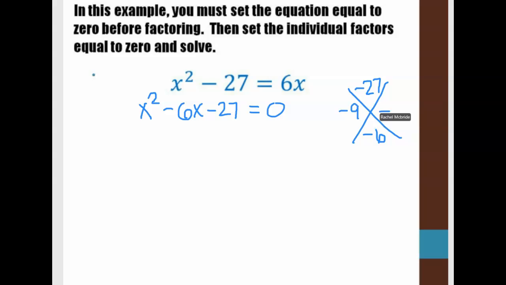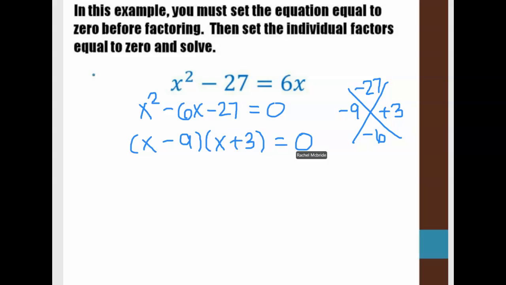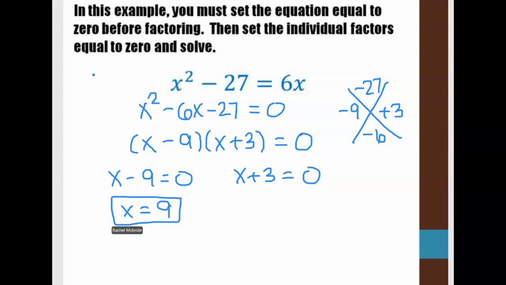That's negative 9 and positive 3. Since my a value is 1, those two numbers just go directly in. So you have x minus 9, x plus 3. Then we set our factors equal to 0 based on the zero product property, and then I solve for x. I'm going to add 9 and subtract 3, so you get x equals 9, x equals negative 3.